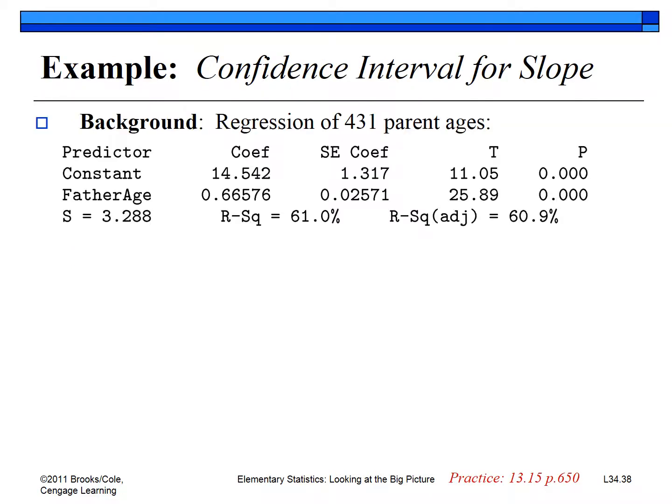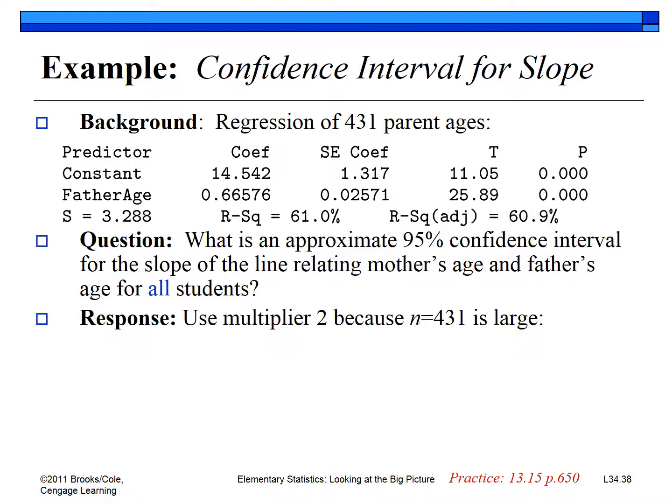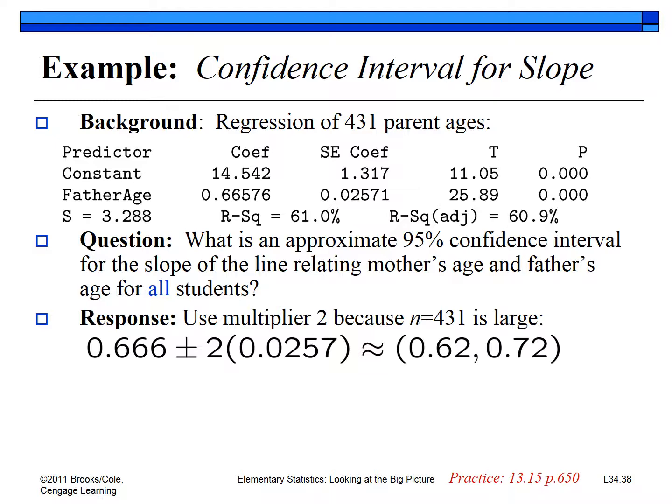Let's look at an example. Here is the output for the parents' ages again. Let's give a 95% confidence interval for the slope of the line relating mother's age and father's age for all students, that is, in the population. Well, our sample size is 431. That's huge. So we'll just use 2 for the multiplier.